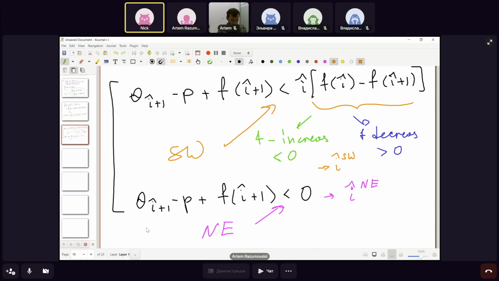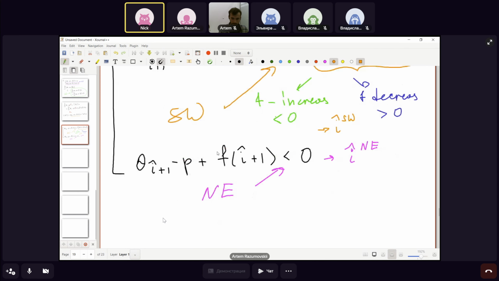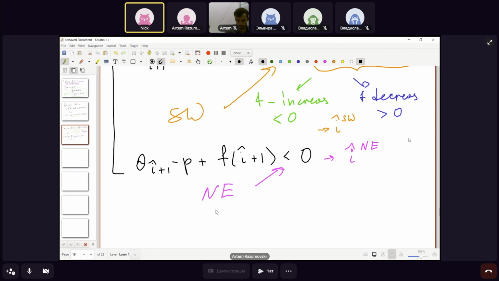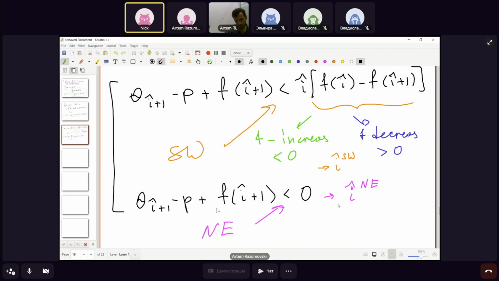Because social welfare assumes that there could be two alternative variants. It could be less than zero, it could be more than zero, but Nash equilibrium says that the left hand side should be less than 0, and that's it.